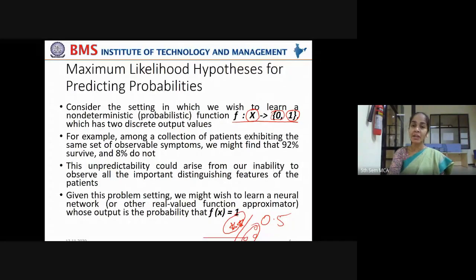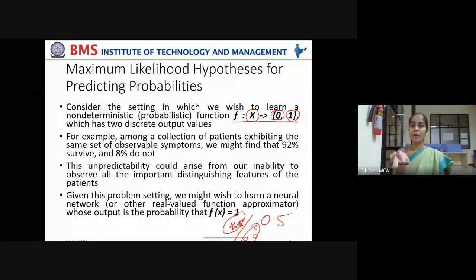It has high chances of falling into that circle class. Did you understand now? This idea we are applying in the maximum likelihood hypothesis for predicting the probabilities. We predict the probabilities, assign a threshold, and below that threshold you assign to one class, and above that threshold you assign to the other class.